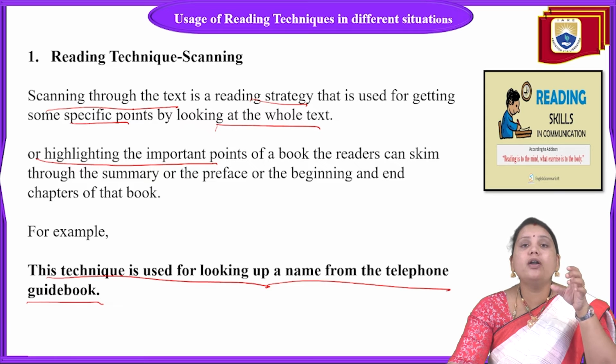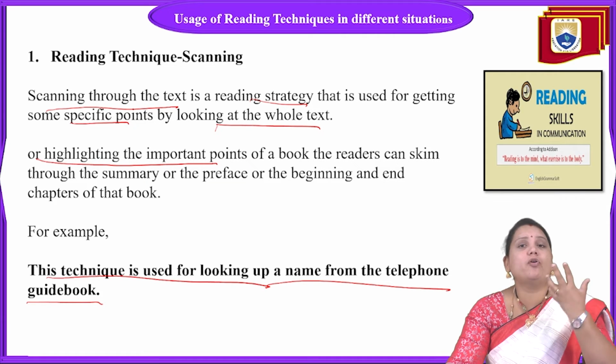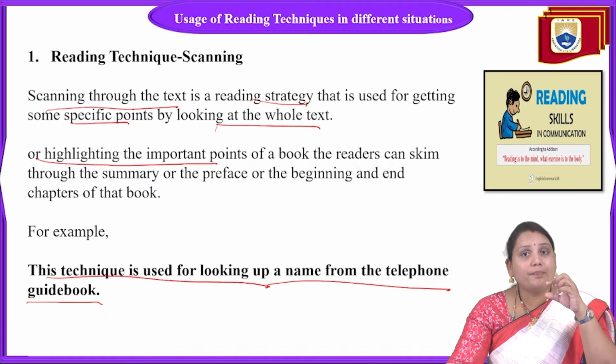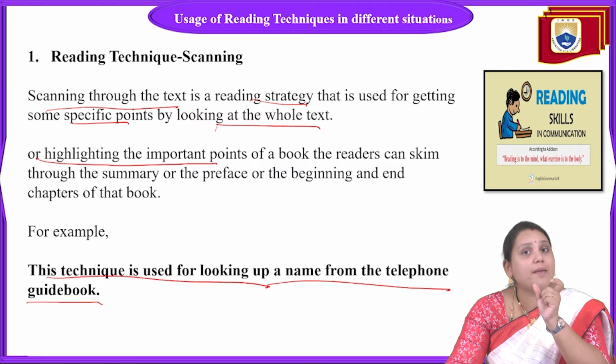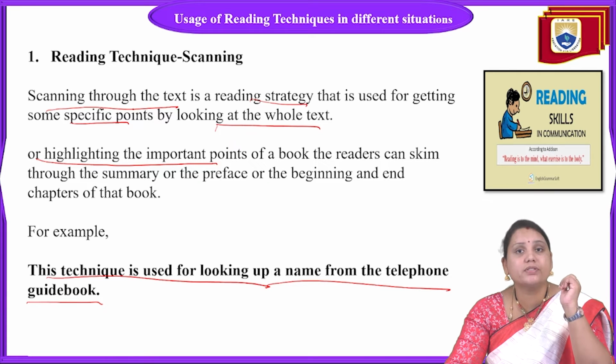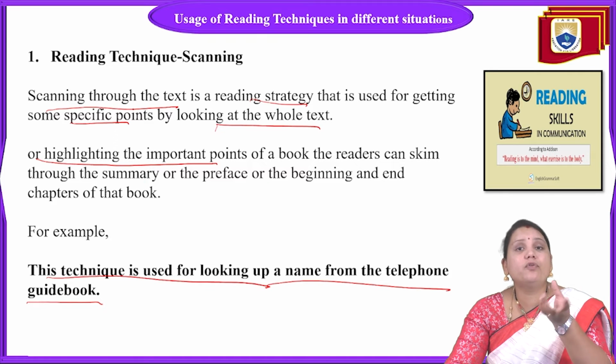See, a telephone directory is filled with n number of phone numbers. But when you need somebody's phone number, you will be looking for that specific name and pointing out the specific name in that whole directory of thousands of numbers. That is, you are scanning for that specific purpose, a person's number in the telephone directory.